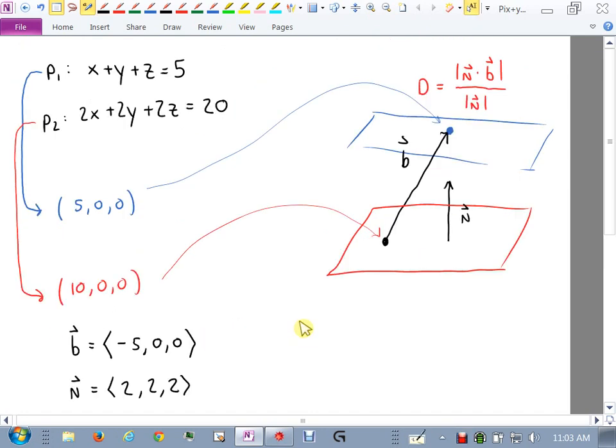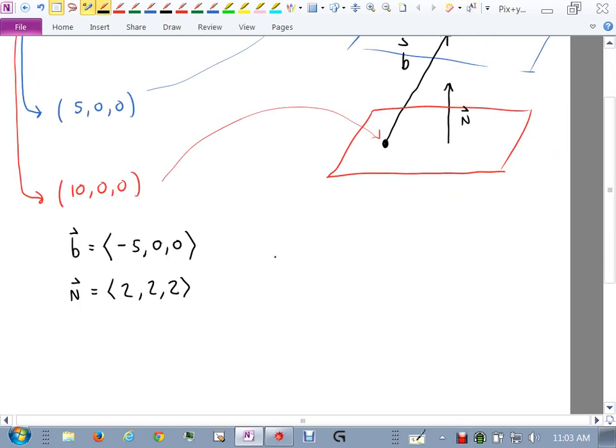So all I'm going to need to be able to compute the distance, capital D, shortest distance, between these two parallel planes is take the dot product of n and b, then find that magnitude or absolute value, and then take the magnitude of n on the bottom. So capital D will be, what's their dot product? Negative 10 plus 0, plus 0, over now the magnitude of n.